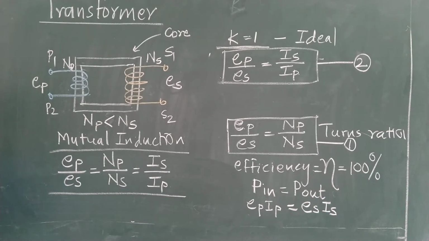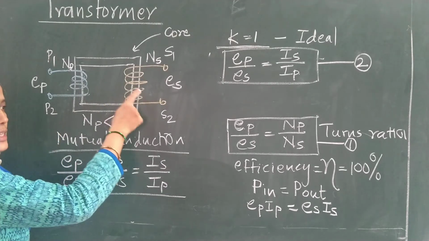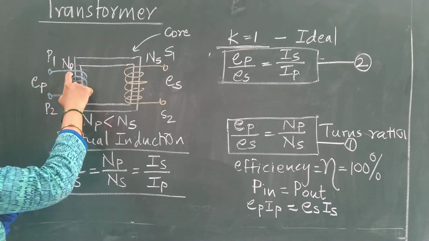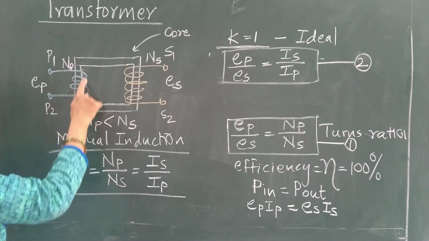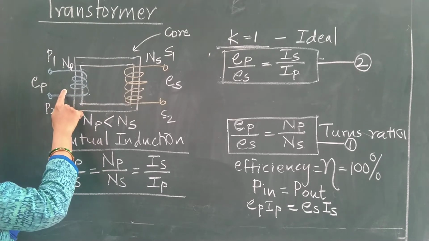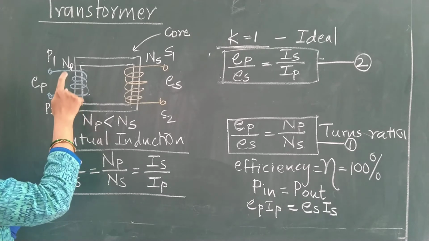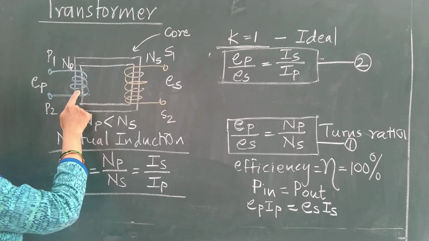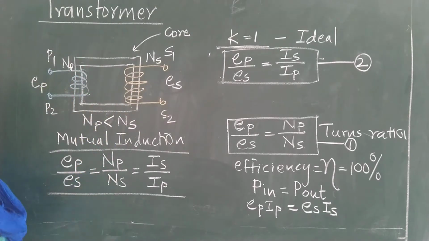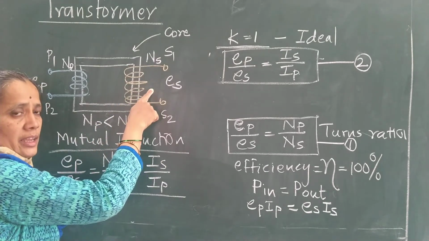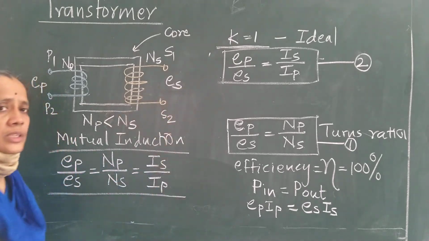As the coefficient of coupling is 1, both the coils, primary coil and secondary coil, in the transformer are wound on the same pole. So whenever there is a change in current in the primary coil, it produces a change in magnetic flux in the primary, which induces EMF, EP. And if the secondary coil comes under the vicinity of the first coil, then there will also be a change in magnetic flux across the secondary, which produces an induced EMF across the secondary.